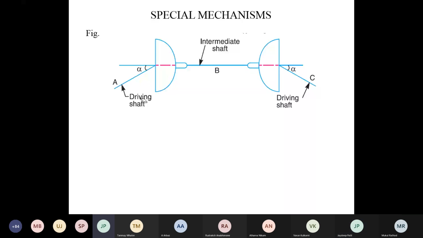Okay, now what is this? What is this double hook joint?